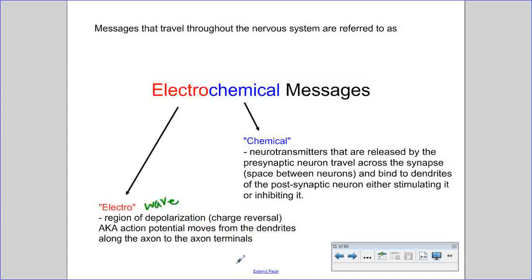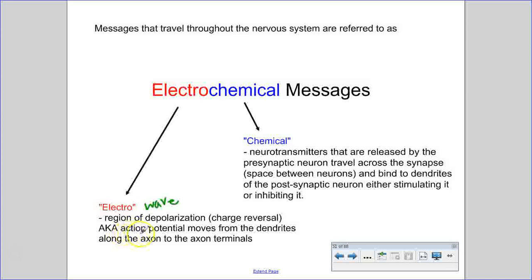When we say something is polarized, we mean that there's a distribution of charge, so there's a positive area and a negative area. When we say it's a region of depolarization, it means that the charges have switched. There's charge reversal, in other words.